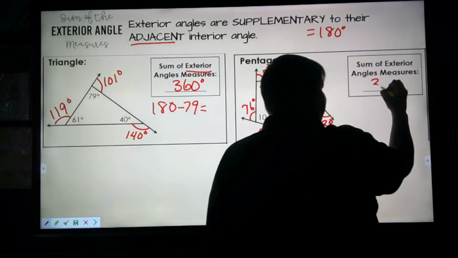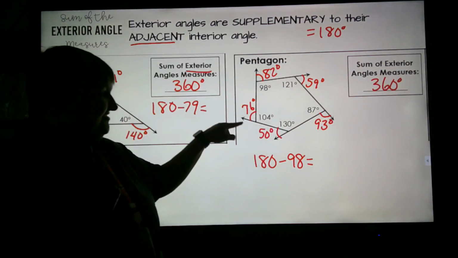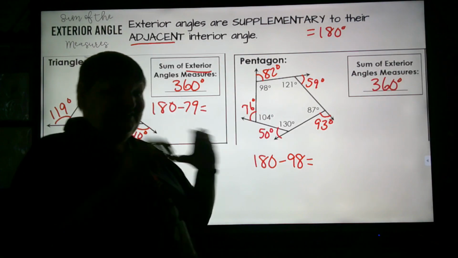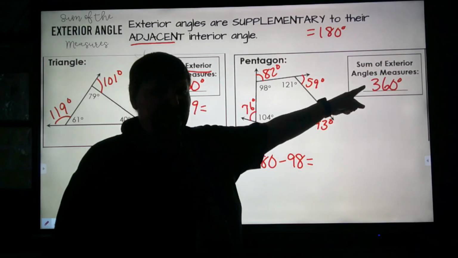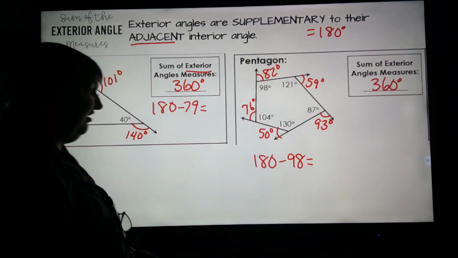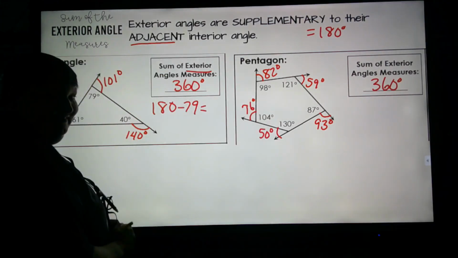You should end up with 360. Again, if you take all the pieces of the angles and connect them, it'll make a circle. If you add them up and you don't get 360, you did something wrong. Alright? Because this is a pattern.